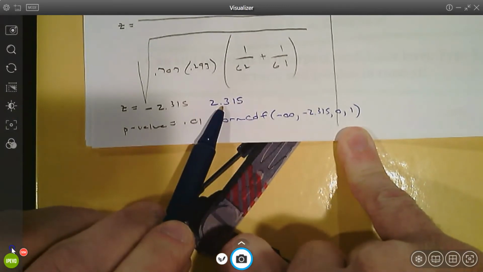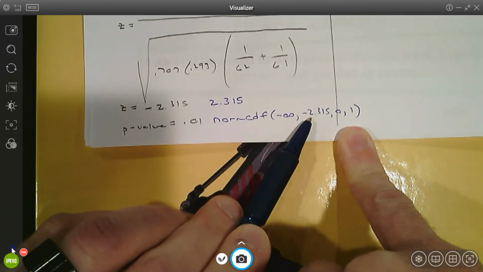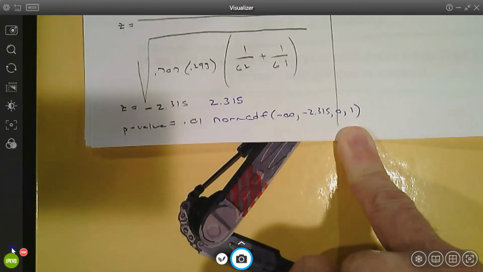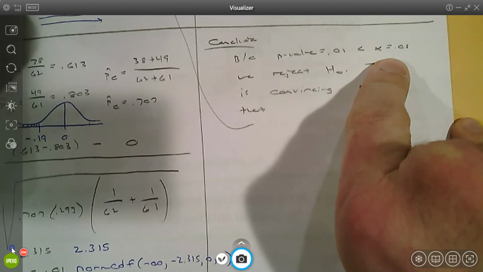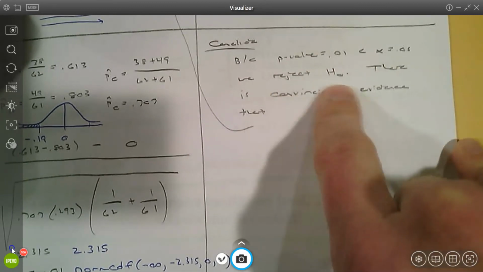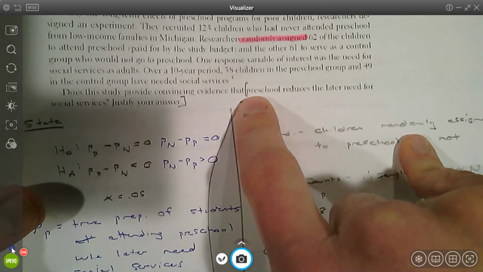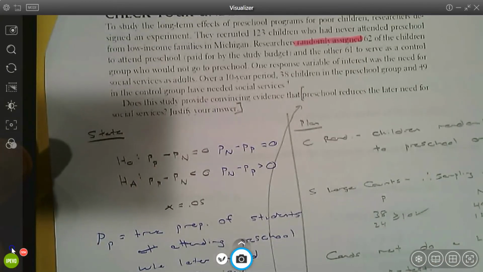If that's your test statistic, you're doing normal CDF from positive 2.315 to positive infinity. Your p-value is going to be exactly the same. And then the last step, because the p-value is less than your significance level of 0.05, we reject the null. There's convincing evidence that, and we're going to strip that context, preschool reduces the later need for social services.